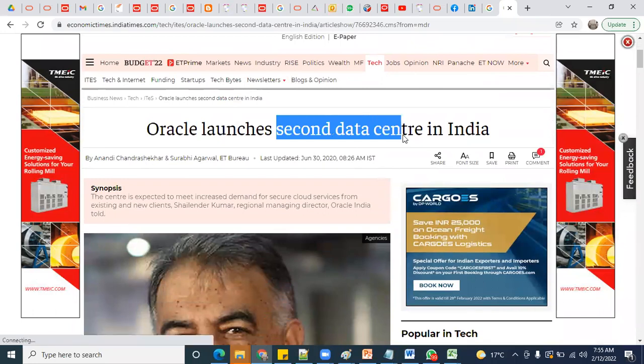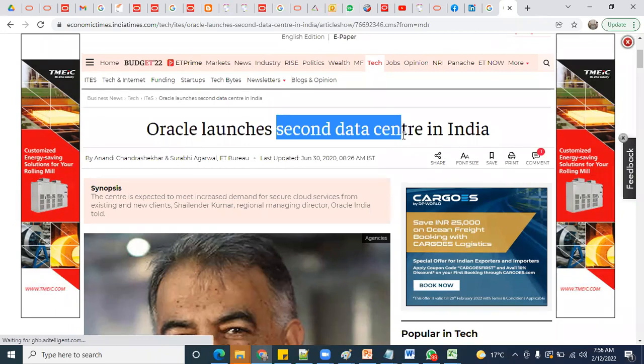Oracle has opened data centers in Middle East countries, Singapore, Malaysia, almost all the regions in the world. Around 25 data centers they have opened, and they are planning to go for around 50 down the line. It means if you go to any country in the world, Oracle has a data center.